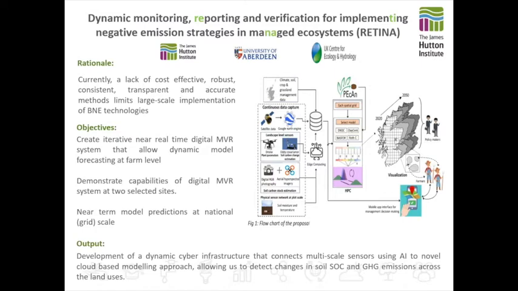The information flows into the system, and this will be projected into two different platforms. One is the national level grids, which we are producing. For the entire Scotland, we are projecting the greenhouse gas emissions and the carbon change at the national level, and also looking at each farm level. And we are developing an app. The information will be put into the app.